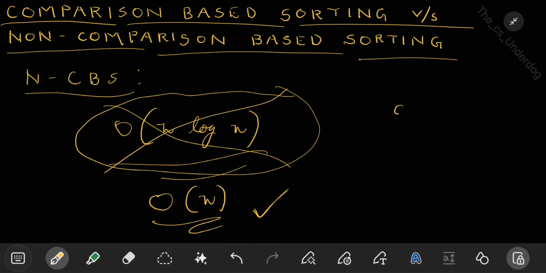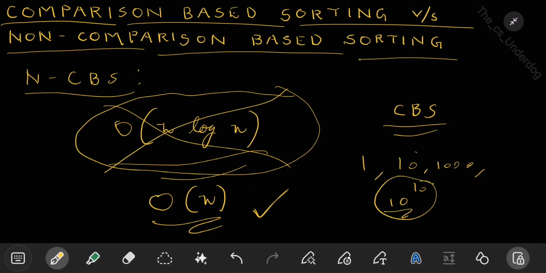So in case of comparison based sorting, you really don't care what is the range of elements. You don't care if in your data you have 1, 10, 10,000 or maybe 1 lakh, 10 power 10. You don't care whatever be the numbers, because you are directly going to compare this number with this number. You are going to directly get the answer.